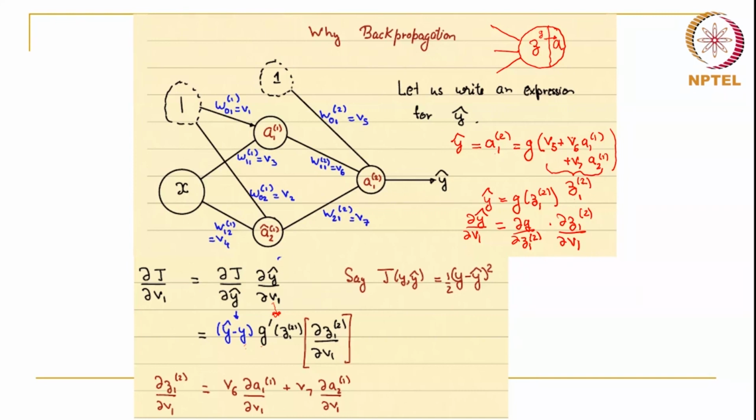Now we need del z1 del v1. We go back here. What is z1? Z1 is written here, v5 plus v6 a1 plus v7 a2. So if you differentiate that with respect to v1, you get v6 del a1 del v1, plus v7 del a2 del v1.